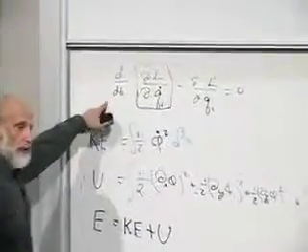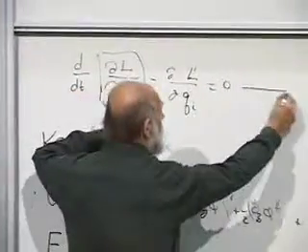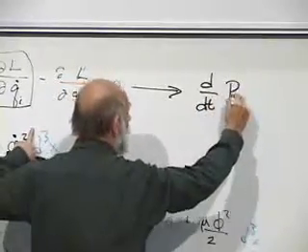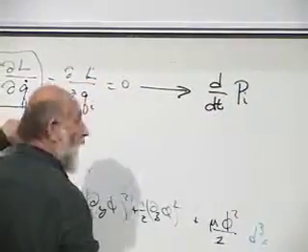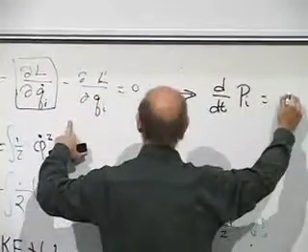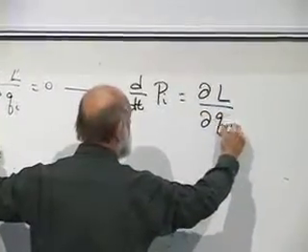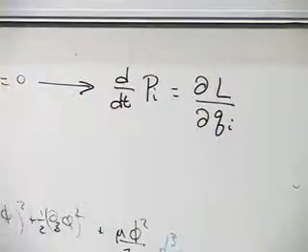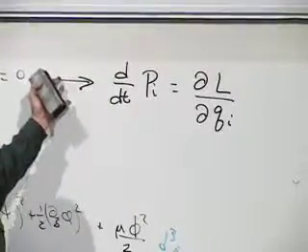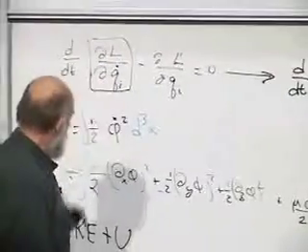Lagrange's equation, or the Euler-Lagrange equation, can also be written in another form. It can be written in the form d by dt of p sub i, the time derivative of the ith canonical momentum, is equal to the derivative of the Lagrangian with respect to q sub i, for each i. All right, everybody, this is review. I'm taking this to be review. The canonical momentum is dL by dq sub i dot.